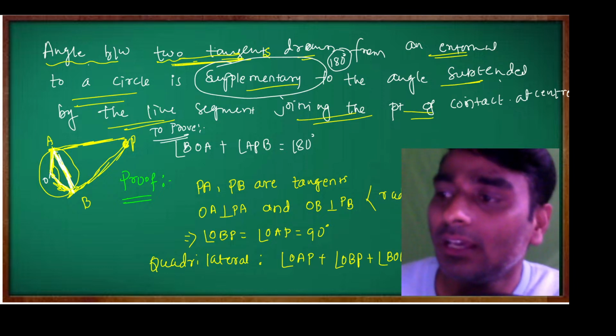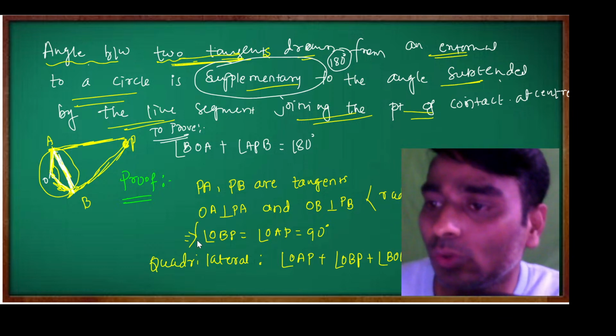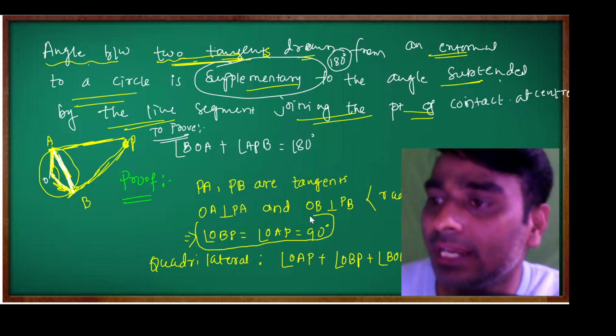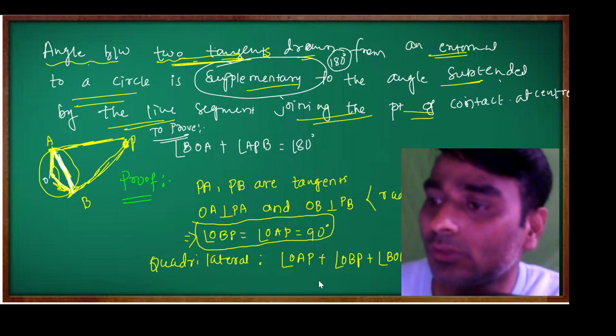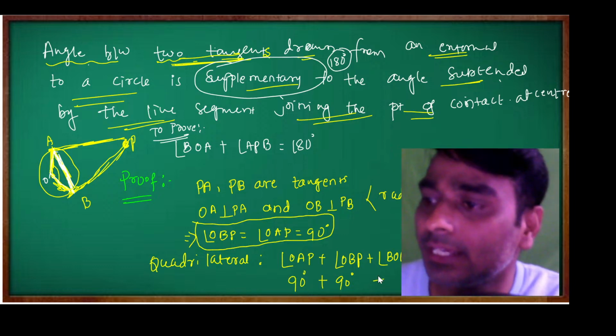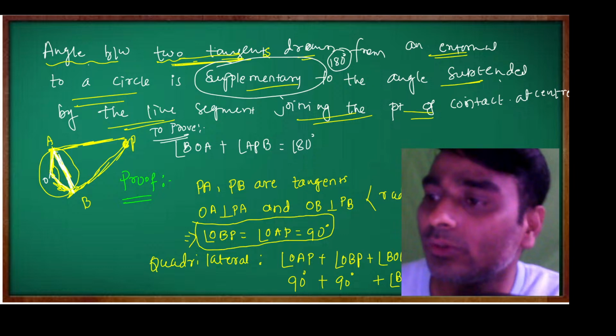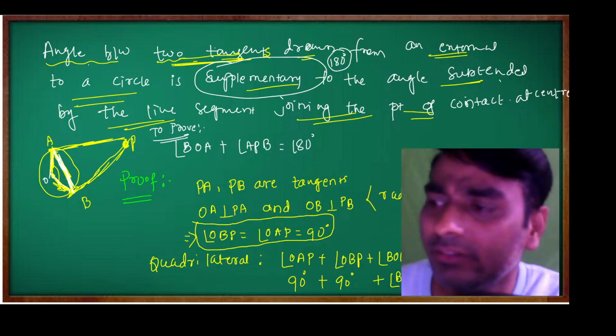Correct. Now you have here two angles which are equal to 90 degrees. Just substitute this. What is this? OBP. So here I will write 90 degrees. Then I have OAP. Here I will write 90 degrees. The remaining two angles you write as they are because you don't know the value.